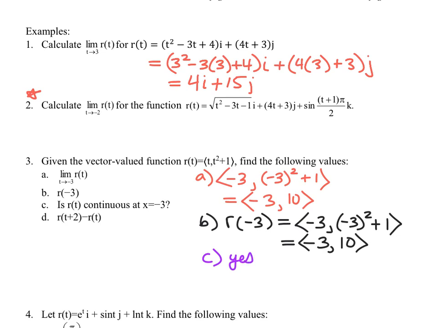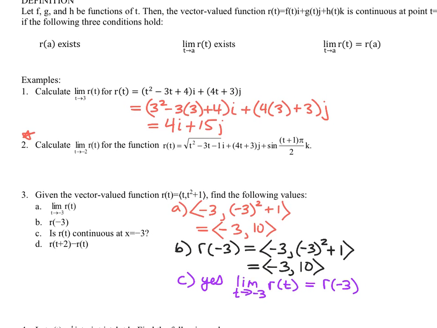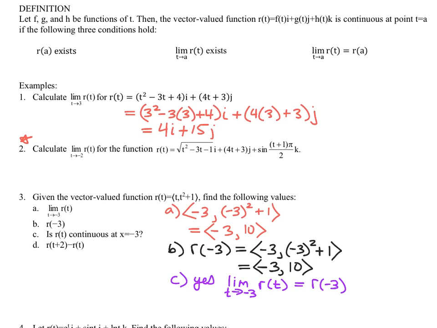And that's because the limit as t approaches -3 of r of t is equal to r of -3. So that's going back to the process that, honestly, I got from my Calc 1 notes.